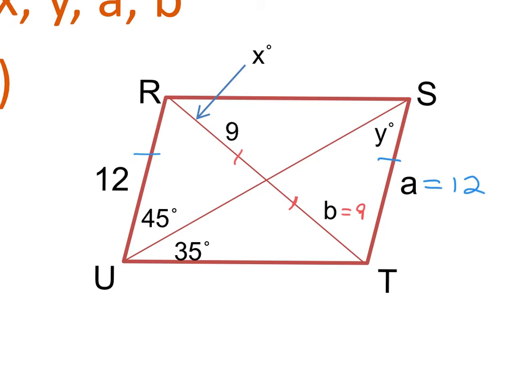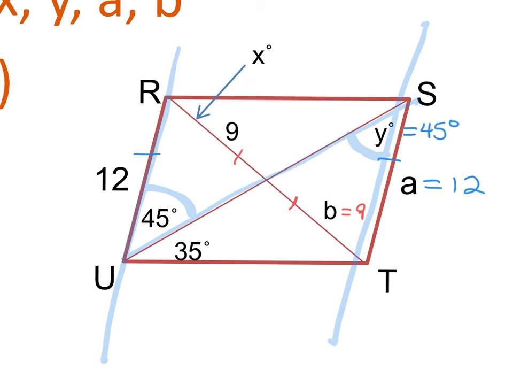If I use this diagonal as my transversal and use these parallel sides, y and 45 are alternate interior angles. So little y is 45.